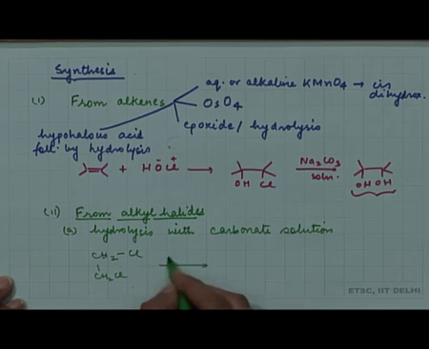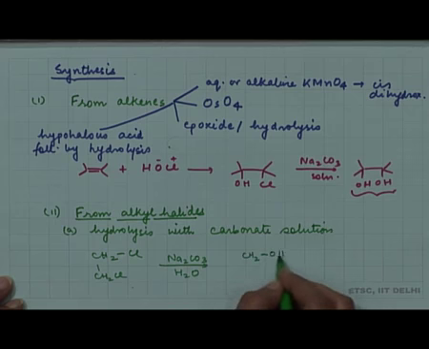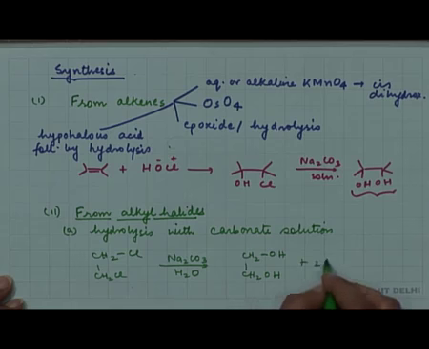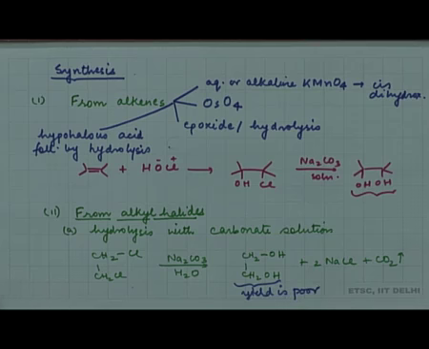You treat it with sodium carbonate under aqueous conditions and get the corresponding diol along with the formation of sodium chloride and release of carbon dioxide. However, the disadvantage is that the yield of the diol is poor. So, frankly speaking, it is not a very good method.